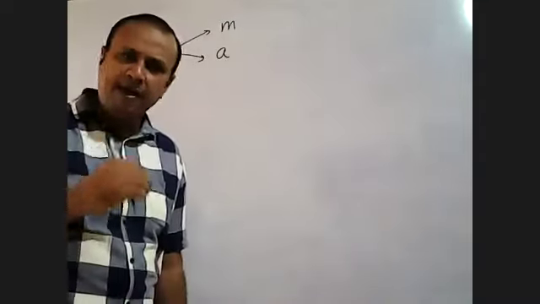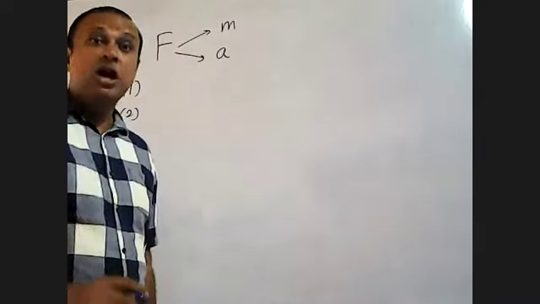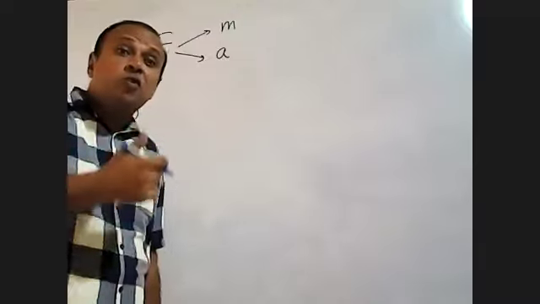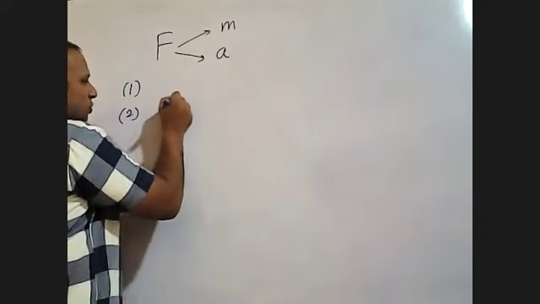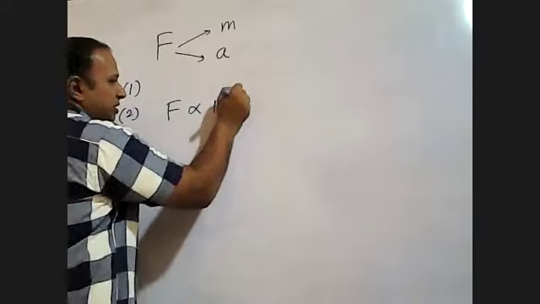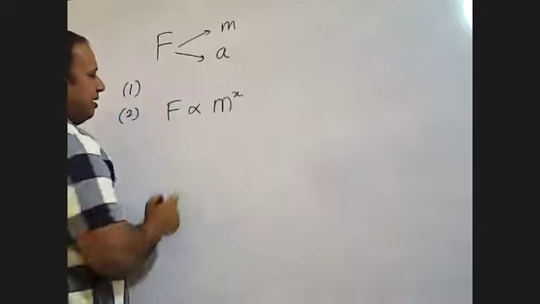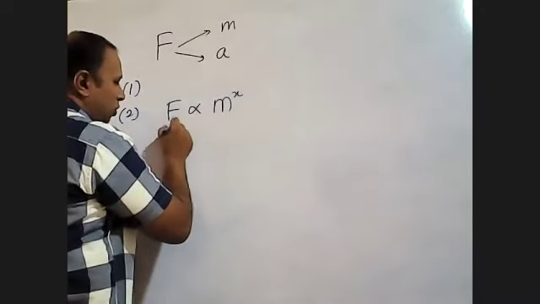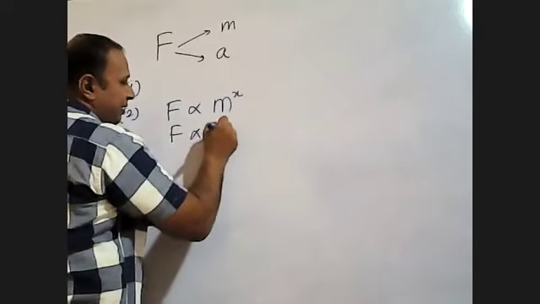Step number two is, now we have identified what are the physical quantities affecting the given physical quantity, now we can build an assumed relationship. This is an assumption. I can assume F is directly proportional to m to the power x, and I can also assume F is directly proportional to a to the power y.